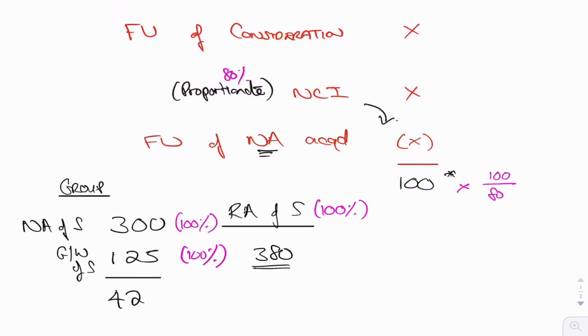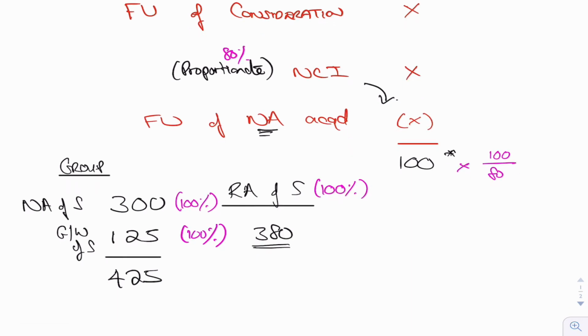And so I say 425, the recoverable amount is 380, and so therefore I've got to take away now, not 20, but 45 to get to the 380. So you come over here and you think you take off 45, but you don't, because you say, yeah, but hang on, that was the grossed up amount, and I'm only doing the proportionate method, so I just want 80% of that.